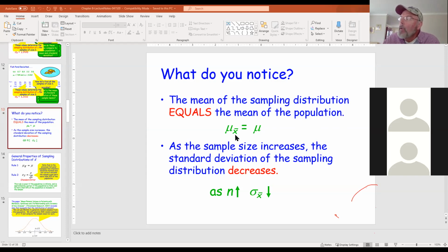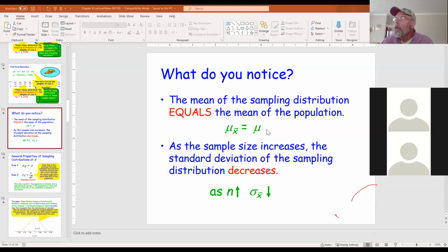If we had all the combinations of a population and started doing sampling distributions, we could see that the average of the sample means is going to give us a very good idea of what the population mean is.